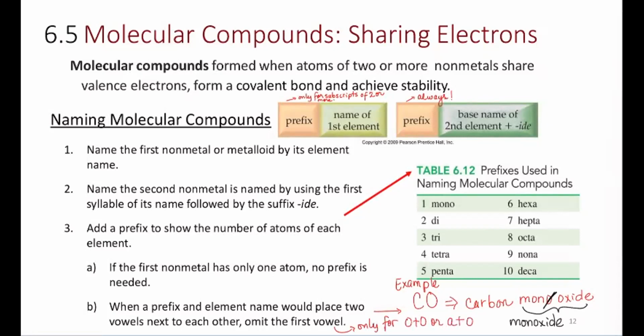So that's only for O and O. So things that end in an O, and then the next word starts with an O. And then if your prefix ends with an A, and then your next word starts with an O. So that's the only time that it applies.